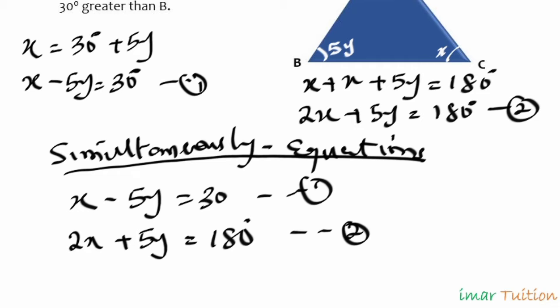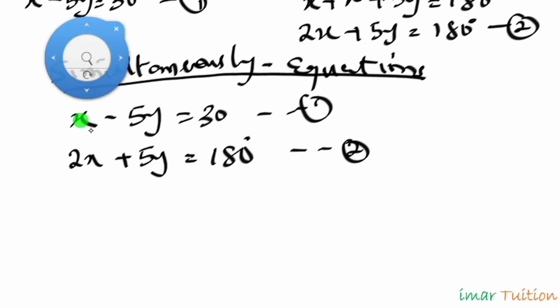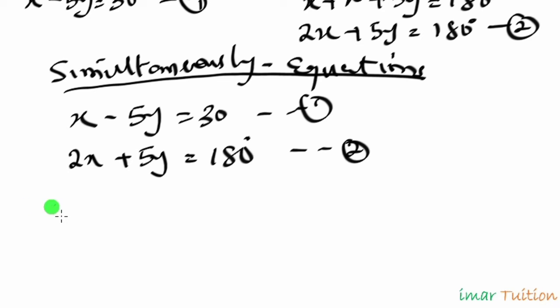In solving simultaneous equations, at this stage you can use two methods. You can use the elimination method, by subtracting one equation from the other, or use the substitution method. We are going to use the elimination method. It seems to be faster for me.